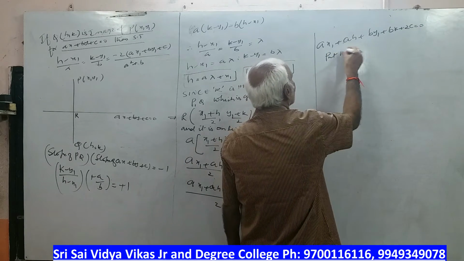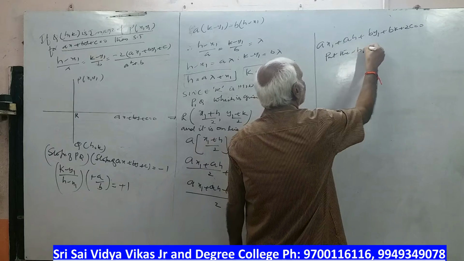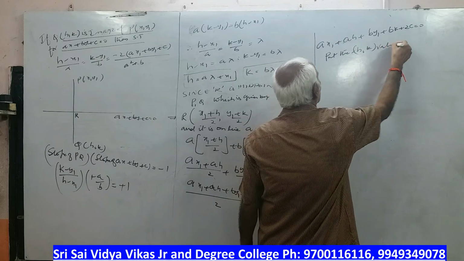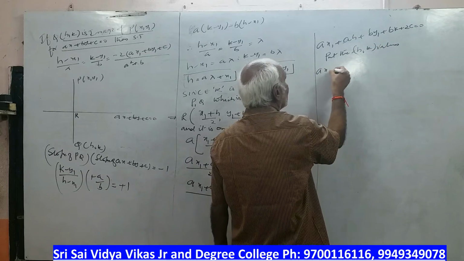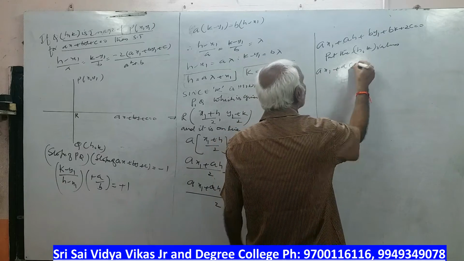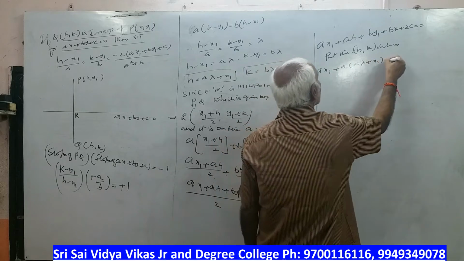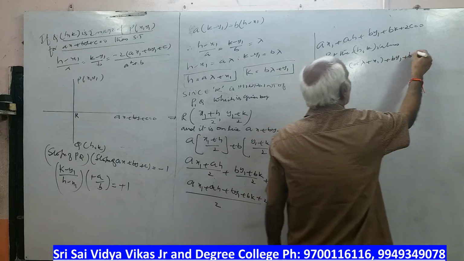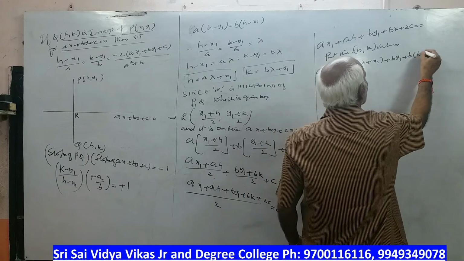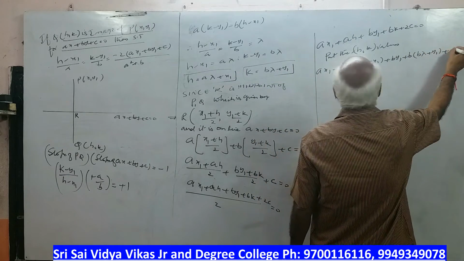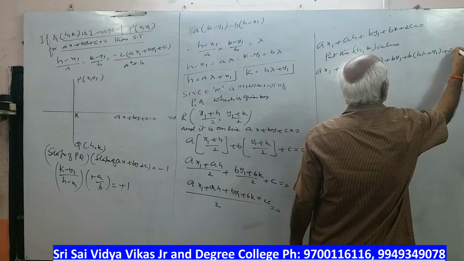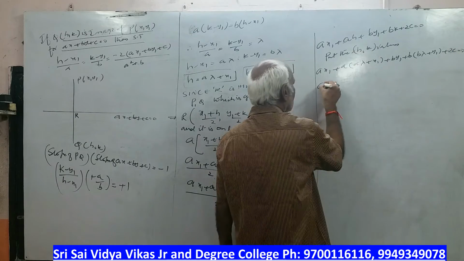Put the values of h comma k. Okay, so a into h, what is h? a lambda plus x1, plus by1, plus b into k, what is k? b lambda plus y1, plus 2c is equal to 0.